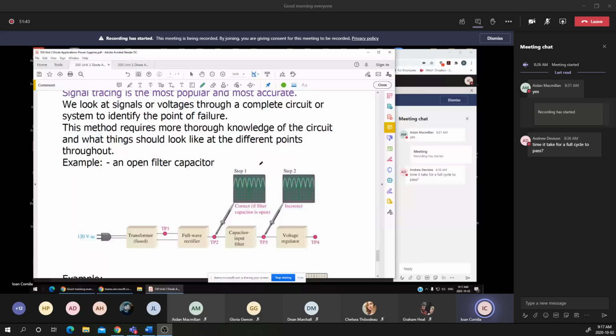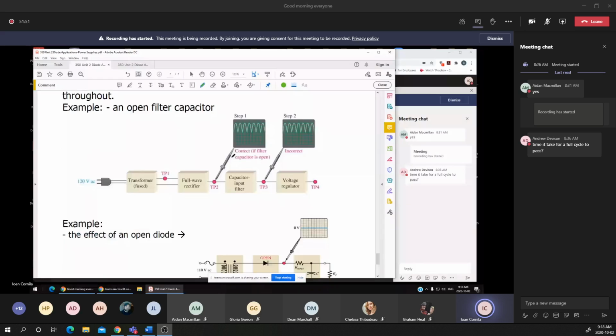In the block diagram, we talk about the transformer, the full wave rectifier, capacitor, voltage regulator, and the fifth block, which is the load. We may see in the block diagram that may be supplied by the manufacturer those TP or PT, test point or point of testing.